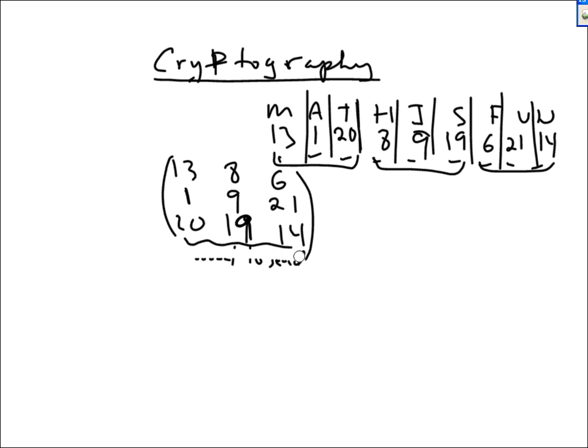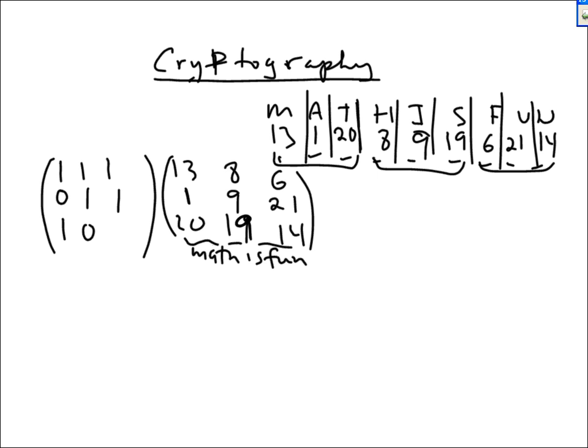Well, I don't want to say that because this is not what you want to send. But this is math is fun. Now, you multiply by a matrix that has an inverse, a non-singular matrix. Okay? You multiply it by that.